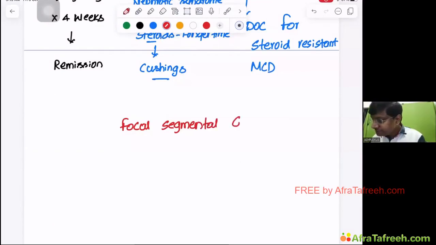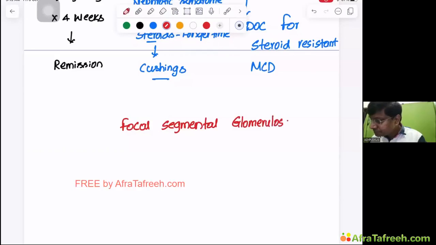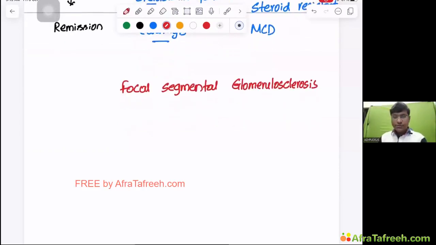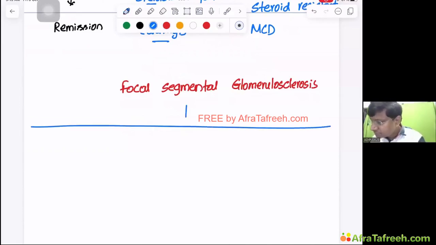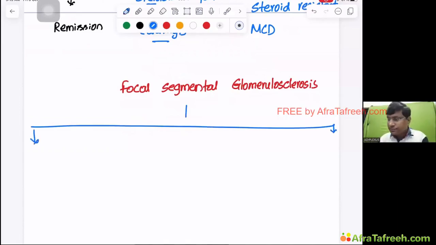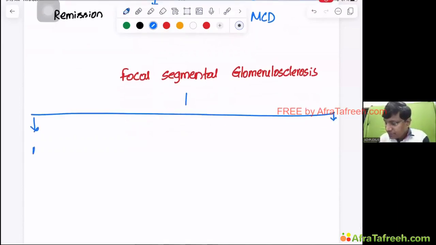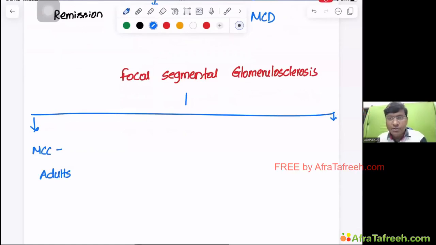Focal segmental glomerulosclerosis is the most common cause of nephrotic syndrome in adults, right?